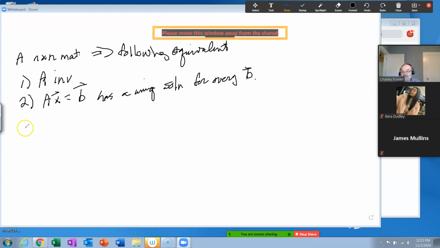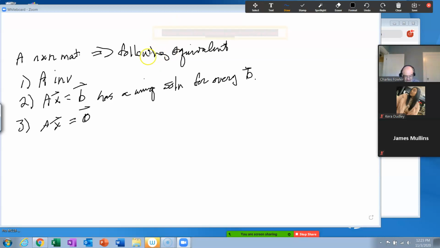Now the third one is awfully close to that too. That AX, if that's equal to the 0 vector, now they write the number 0, which I don't agree with. That is a vector 0, but they just about every time do it.